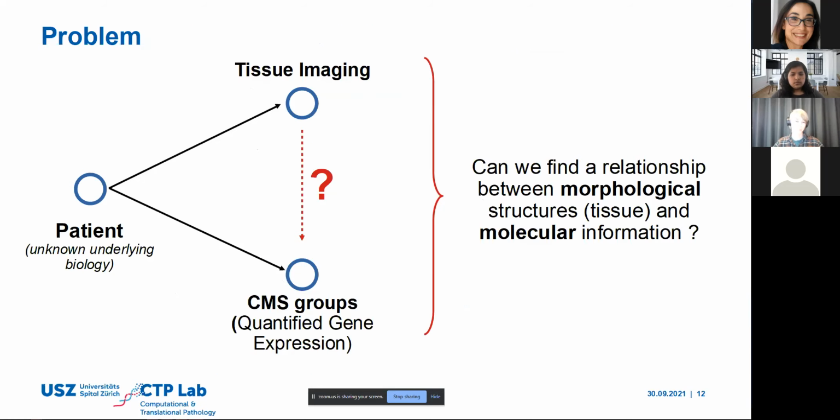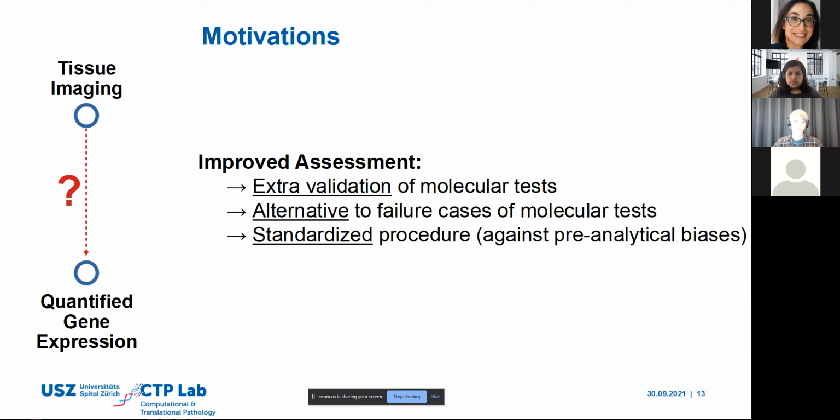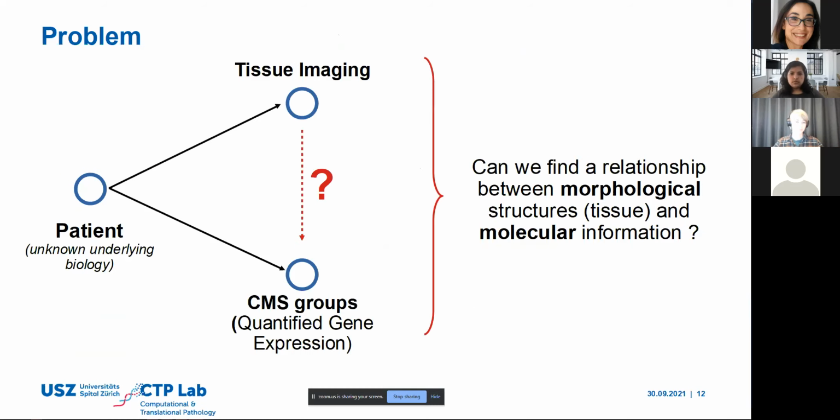So the problem we have been focusing on is about this question. Is it possible to identify those CMS groups, defined on quantified gene expression, from raw image data from tissue imaging? So if we can have molecular information from molecular testing, what is the point of predicting those from image data?